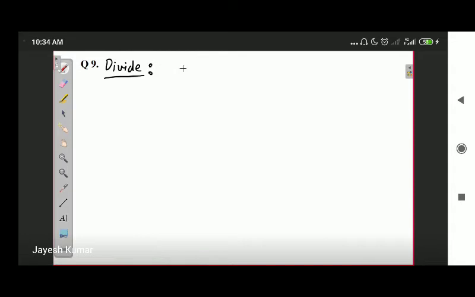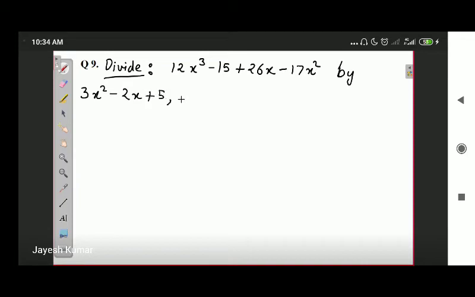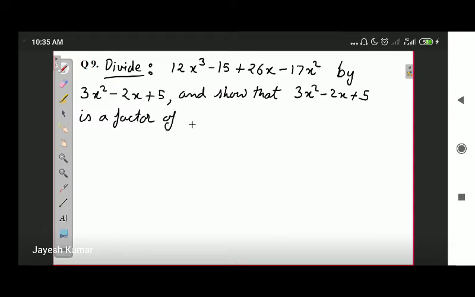Question number 9 is: divide 12x cube minus 15 plus 26x minus 17x square by 3x square minus 2x plus 5, and show that 3x square minus 2x plus 5 is a factor of 12x cube minus 15 plus 26x minus 17x square.